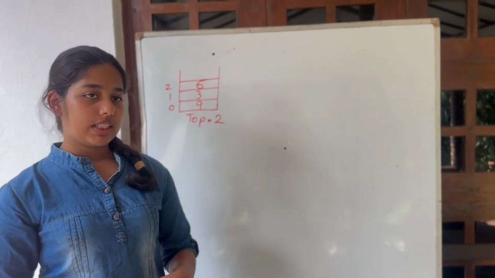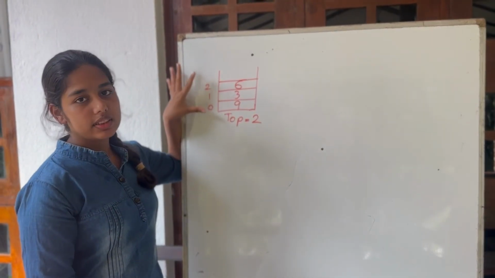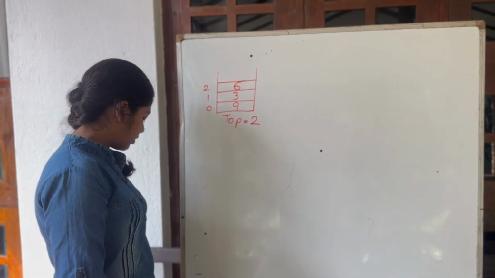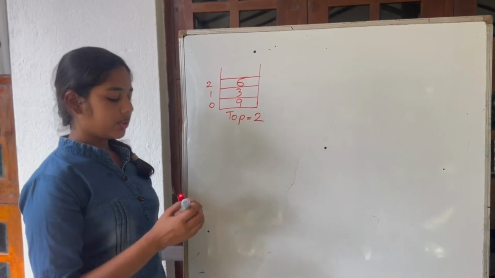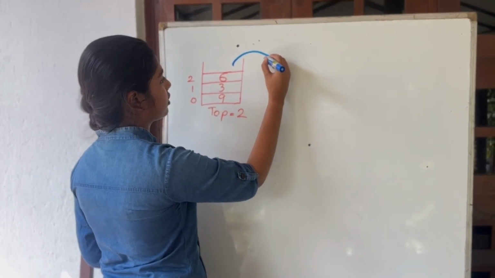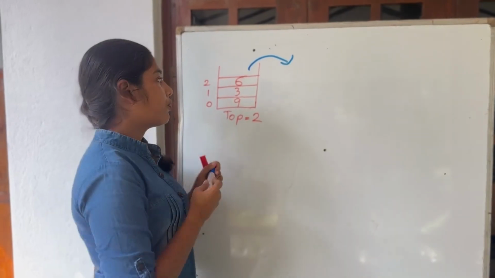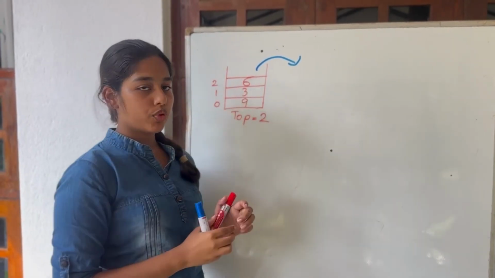Now we are going to discuss the peek operation. Here we have a stack. Now I am going to implement the peek operation on this stack. Peek operation means getting the top value of the stack without removing it.